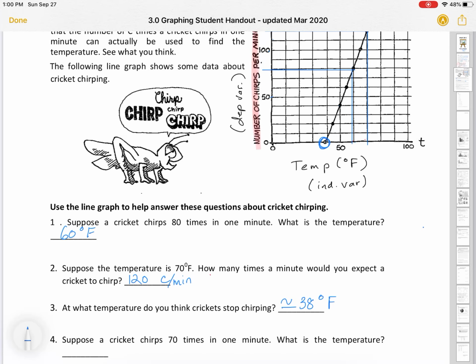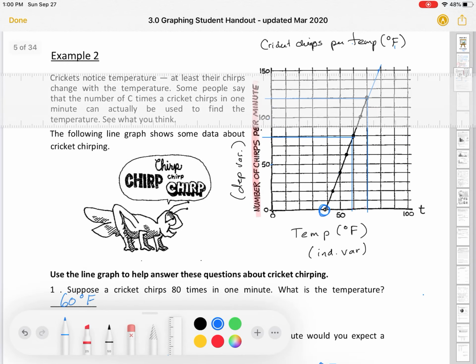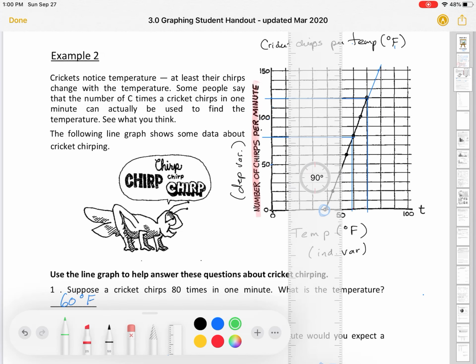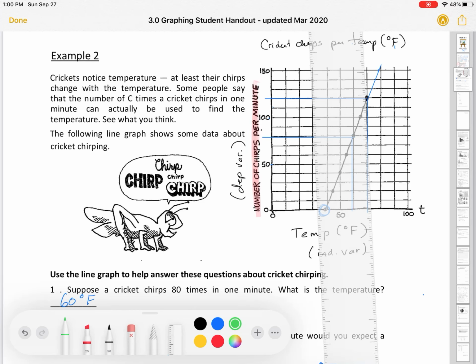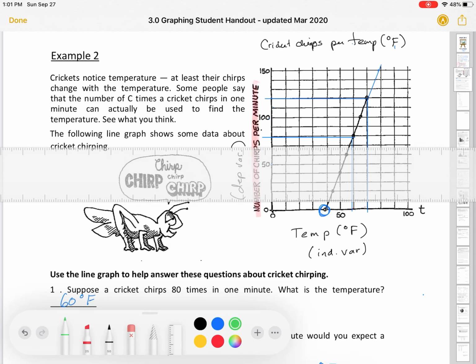Now it says, suppose a cricket chirps 70 times in 1 minute. What is the temperature? So let's look back at our graph with our ruler. So 70, that's going to be right here. I knew I'd have to do it at one point. Is it 70? Oh, wait, doing it the wrong way again. 70 chirps per minute.